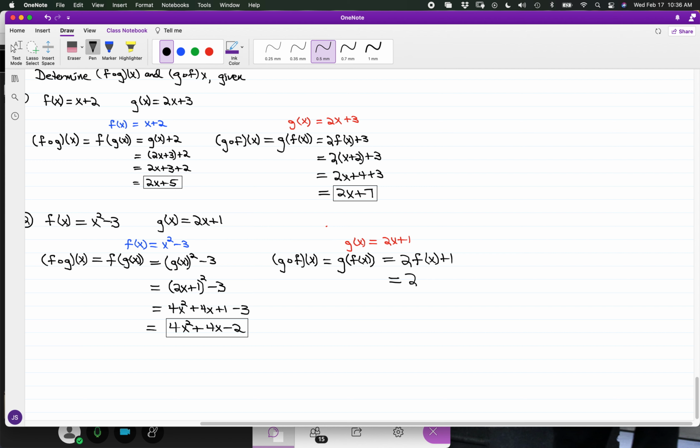And now f of x we have as x squared minus 3. And we have with the distribution, okay, so we have 2x squared minus 6, followed by the addition of 1. And here this will come out to 2x squared minus 5.